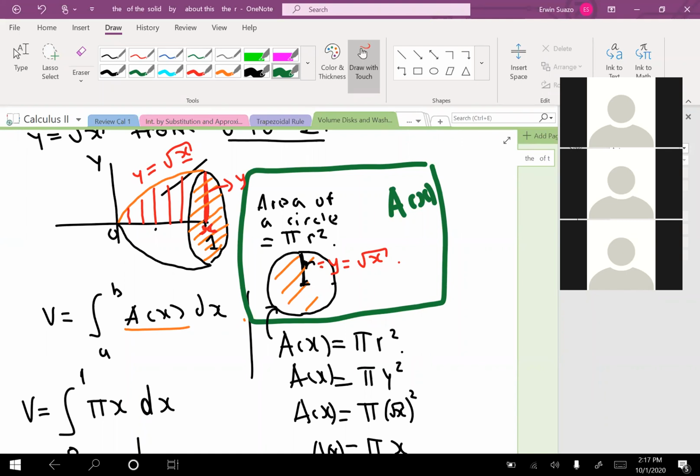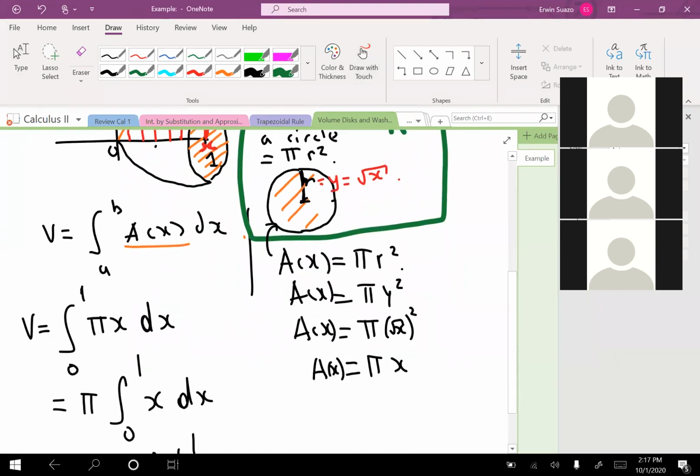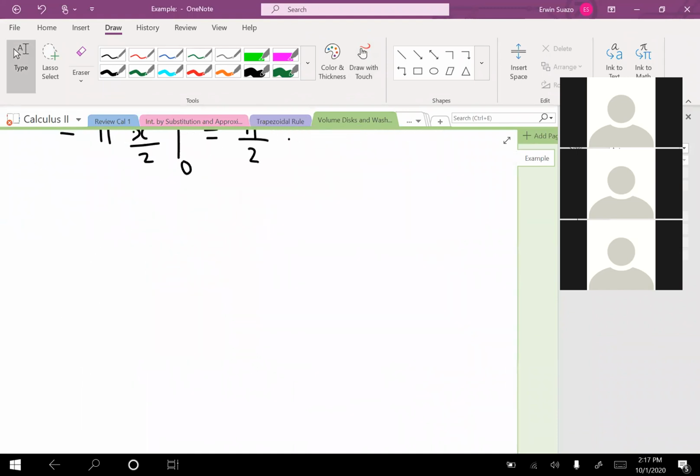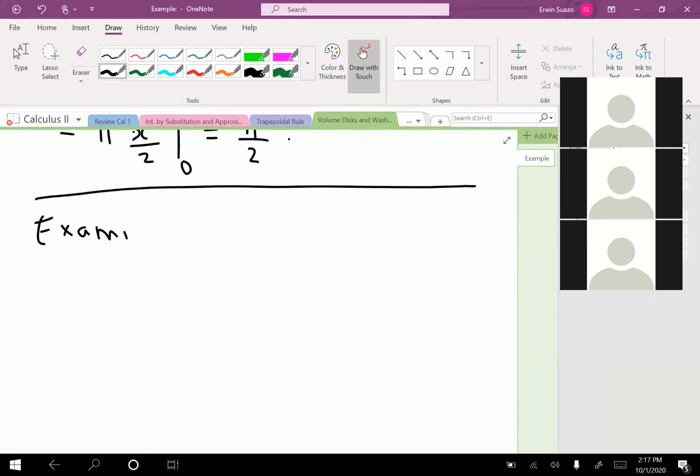So let's make another one. And this is going to be interesting because we know the answer for this one. So let's use this formula. So, example, we're going to find the volume of a sphere.